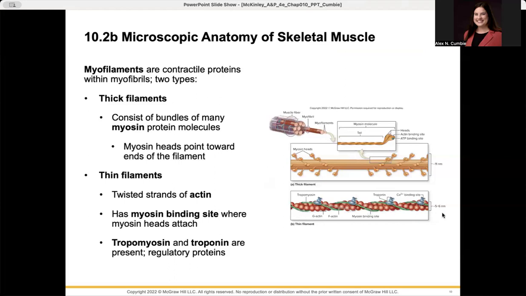So we have actin making up most of the thin filament, but we have two regulatory proteins sitting on the surface, which are called tropomyosin and troponin. These are going to be really, really important because these are providing the binding sites so that we can bind the myosin heads to this filament when we are doing a muscle contraction.